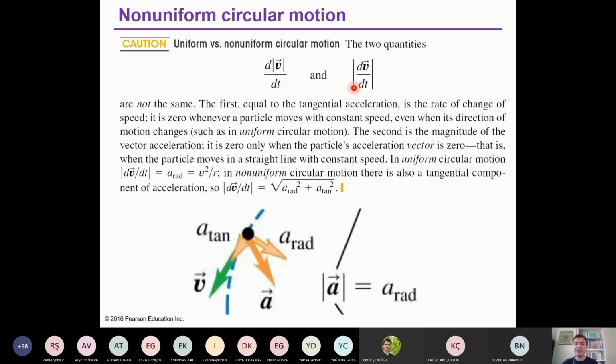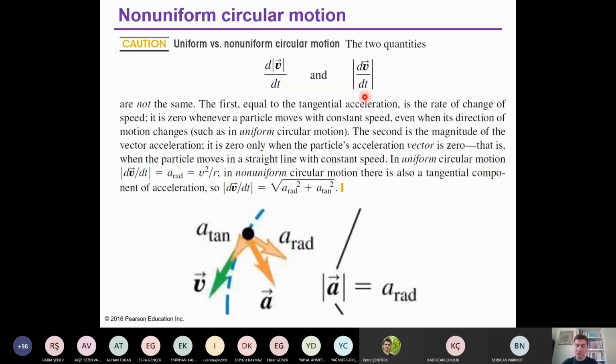So here we have A, you see, A is given with dv over dt, okay, the time derivative of the velocity. So if you use these symbols, then you are talking about the magnitude of radial acceleration, and the magnitude of the radial acceleration is given with this term. But this one gives us the tangential acceleration. Let's consider that the speed is constant. In uniform circular motion, if you take the time derivative of the constant number, then it will be 0.